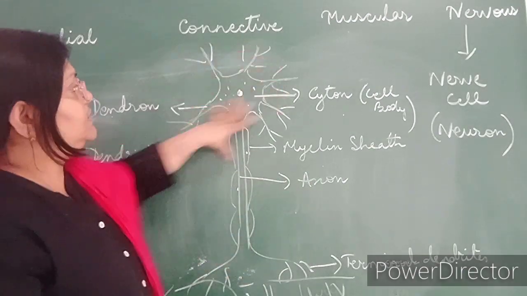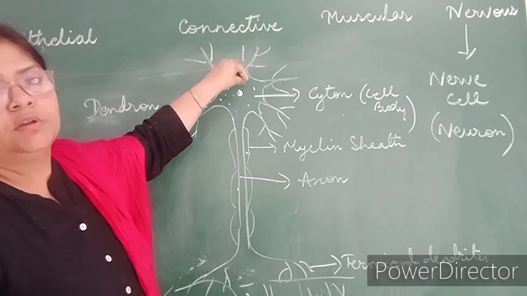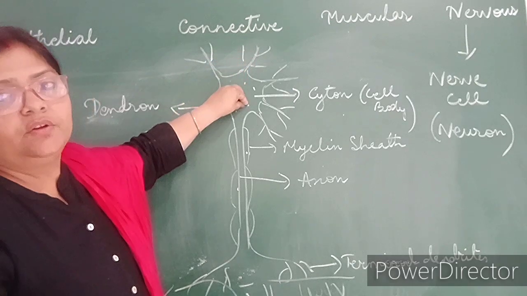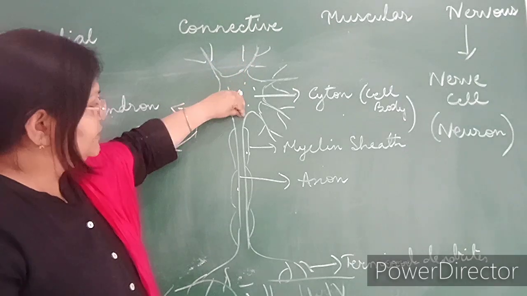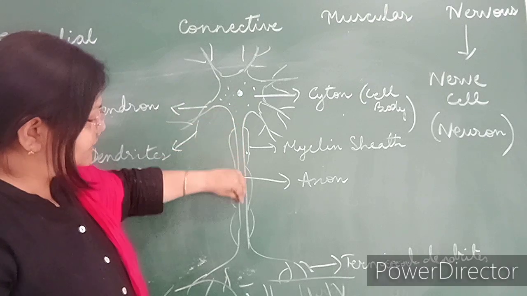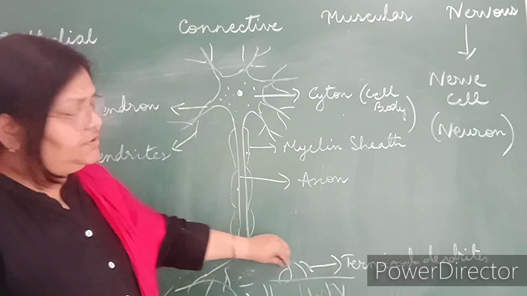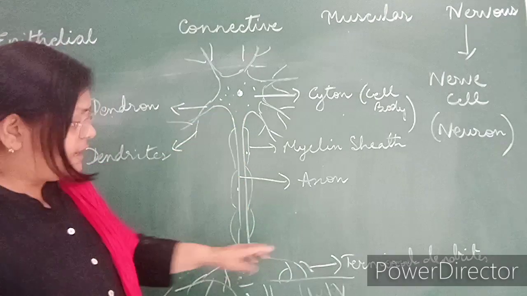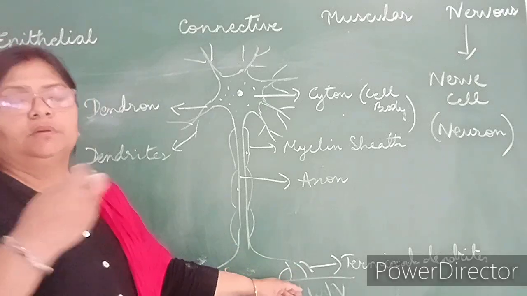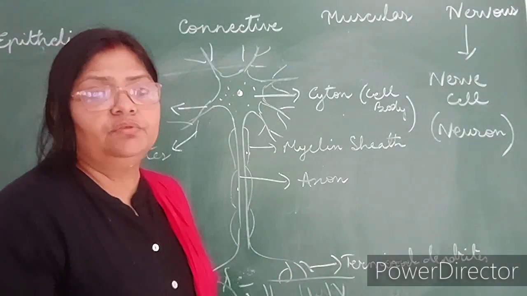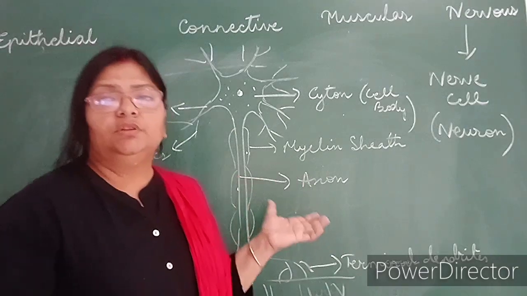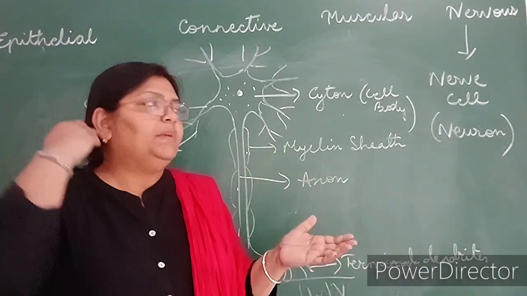The dendrites receive the messages and pass them to the cyton, the cell body. The cyton then passes the message through the axon and it reaches the terminal dendrites and passes it to the arms or the part of the body which needs to react. This is how the neuron helps in passing messages.